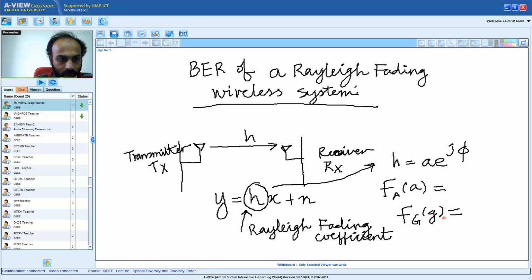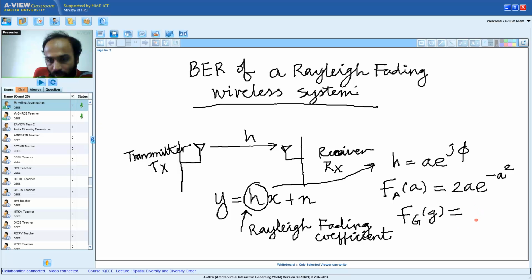Alright, VCAP, I'm getting the answer, that is no. PSGCT, I'm asking about the amplitude. The amplitude is not uniform. The amplitude density is 2A e to the power of minus A square, that is correct. Can someone tell me the distribution of the gain G?